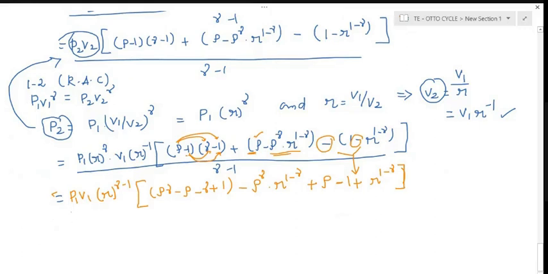So next, the whole divided by gamma minus 1. The next step is just to see if any of the parameters get cancelled here.